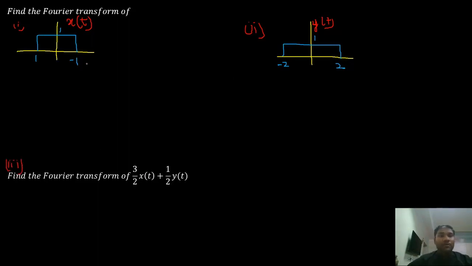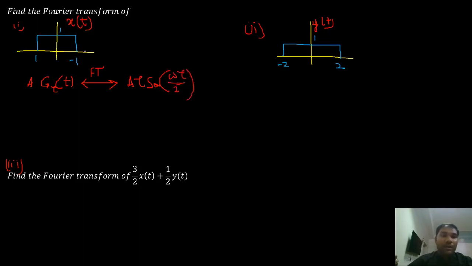So what is the general form of this rectangular function, g tau of t? What is the Fourier transform of g tau of t? With amplitude a, it is going to be a tau sampling of omega tau by 2.